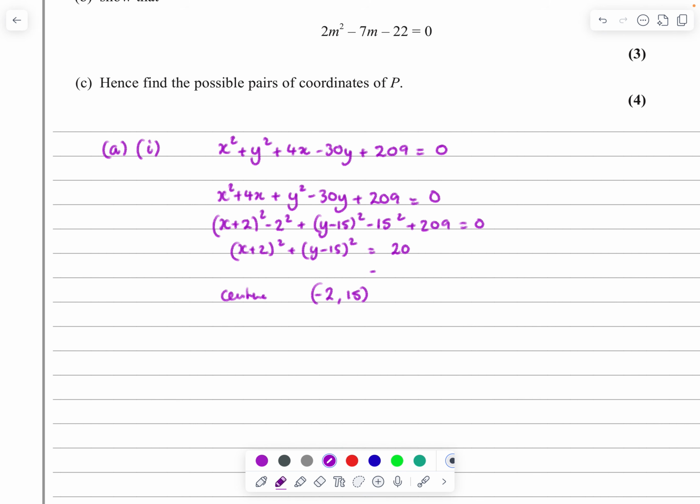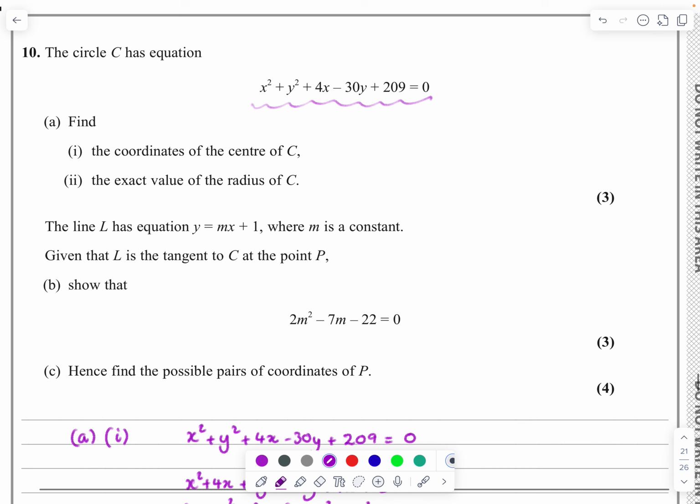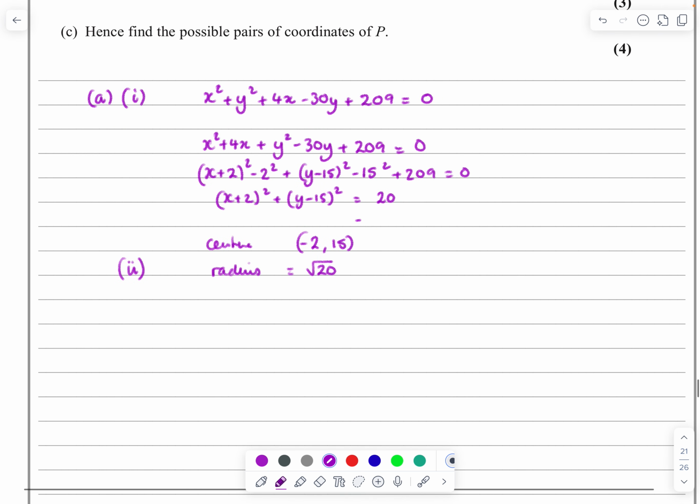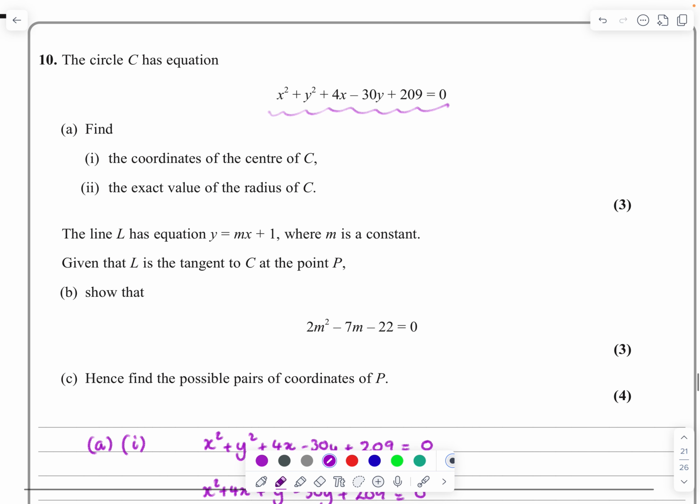Well, that's part 2. Center is equal to that. The radius is simply equal to root 20, and what does it ask me for in terms of the exact value of root 20? So root 20, stick that into your calculator, that's 2 root 5 as the answer for those two parts. Okay, so part 1 and part 2 done.